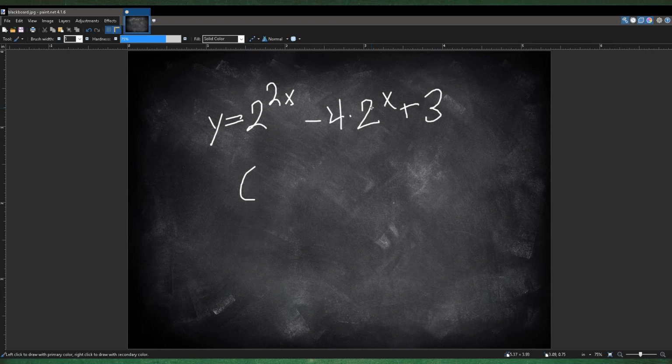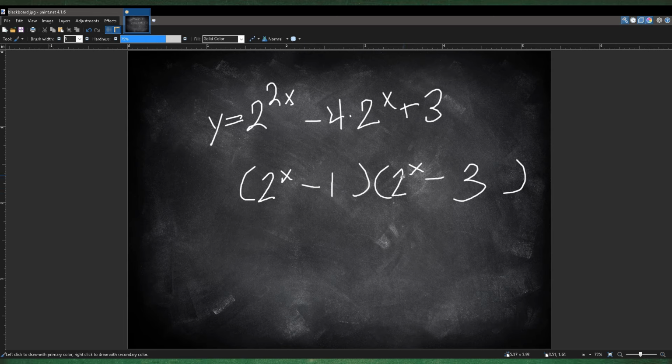What you want to do is write 2 to the x, write a parentheses, but leave room, and then you write 2 to the x again, leave a parentheses, and you find out what multiplies to 3 but adds to negative 4. So these have to multiply to a positive, so it's a negative times a negative equals a positive, and a negative plus a negative would just be a negative. So what gets to 3 is negative 3 and negative 1. So put that in, and then you have something like this.